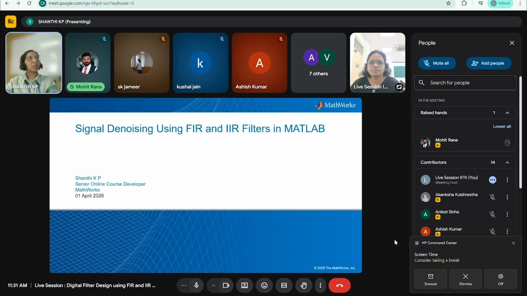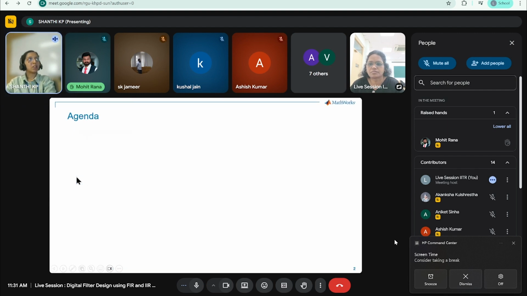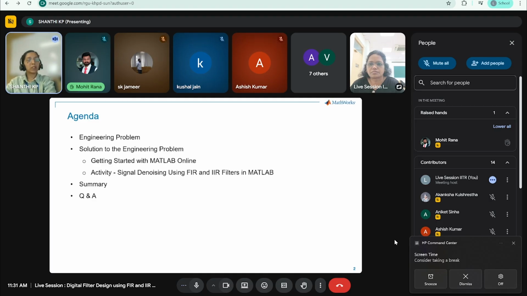So welcome to today's tutorial on signal denoising using FIR and IIR filters in MATLAB. In this session, we'll begin with an engineering problem related to signal denoising. We will discuss why denoising is required before any signal processing tasks or applications.